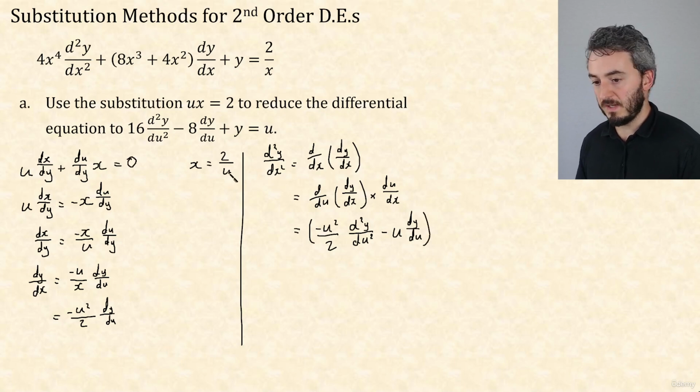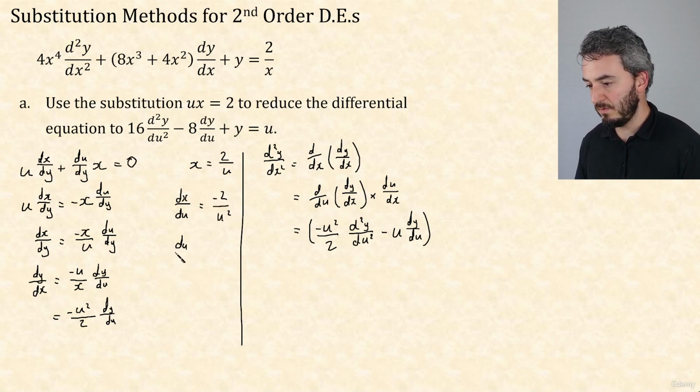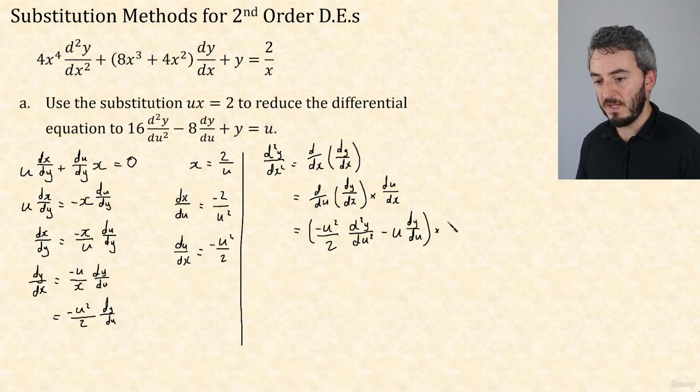What is du by dx? Well, probably easiest to find dx by du. Then we'll have that in terms of u, which is more useful for us. So dx by du is going to be minus 2 over u squared, which means that du by dx is minus u squared over 2. So that's what I'm multiplying by here.